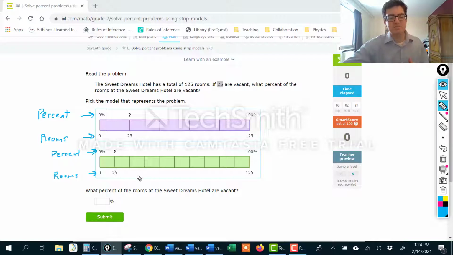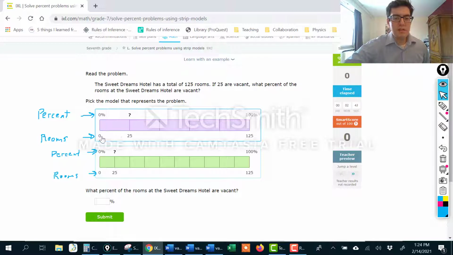Okay, so we still cannot decide which one of these strip models is correct based on if 25 is in the top or bottom, because it's in the bottom for both of them like it should be. All right, now here's what we can do, however.